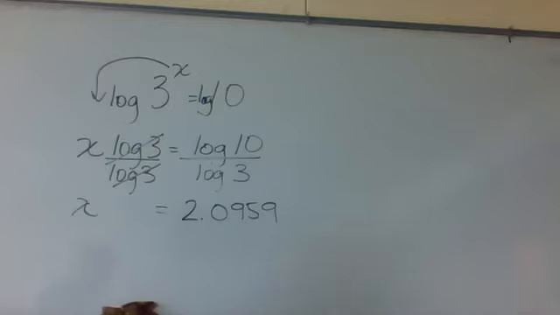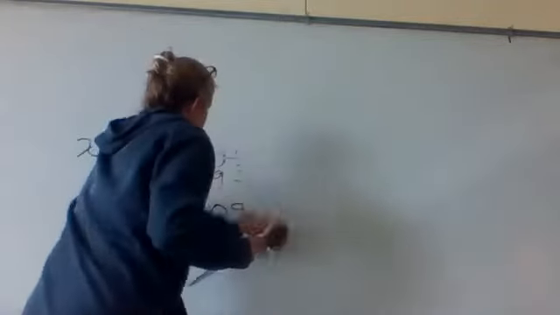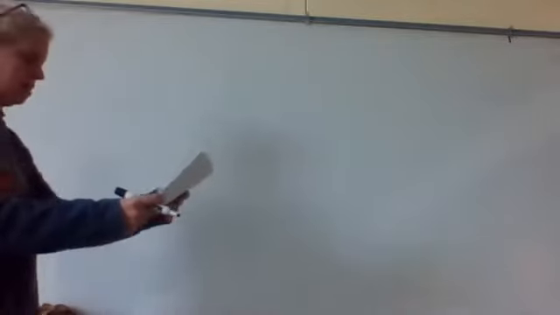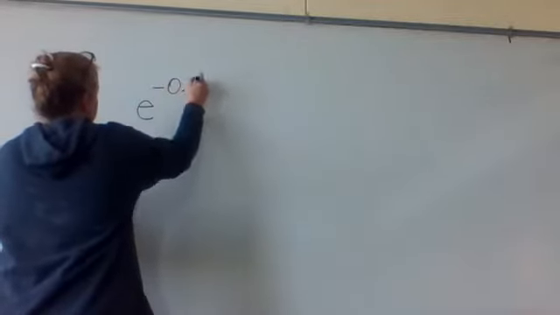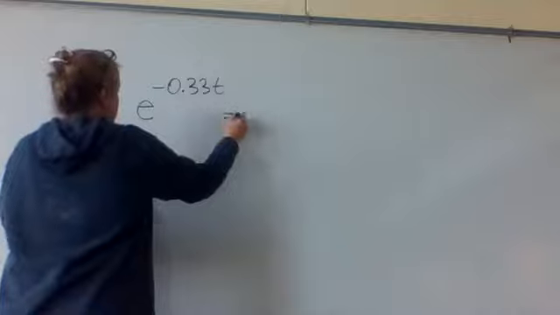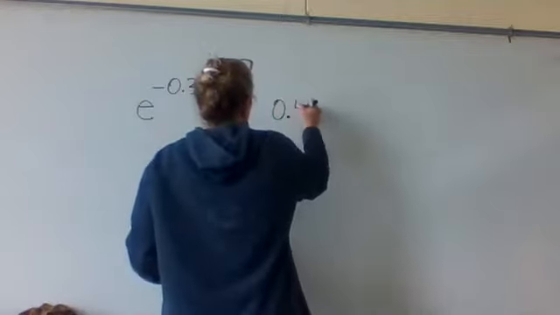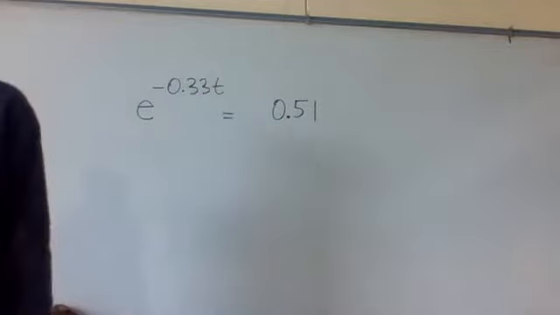Right, 24. e to the negative 0.33t equals 0.51. So again, now we're solving for t, and it's up in the exponent.